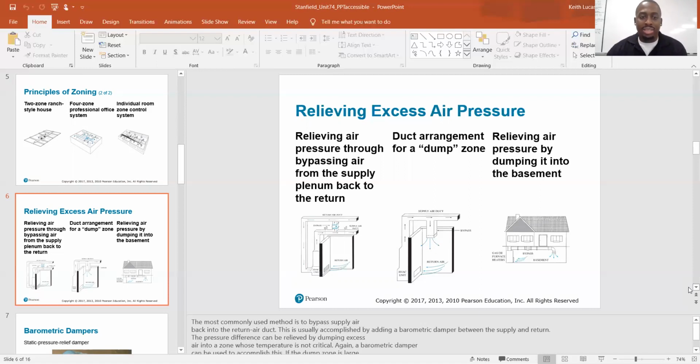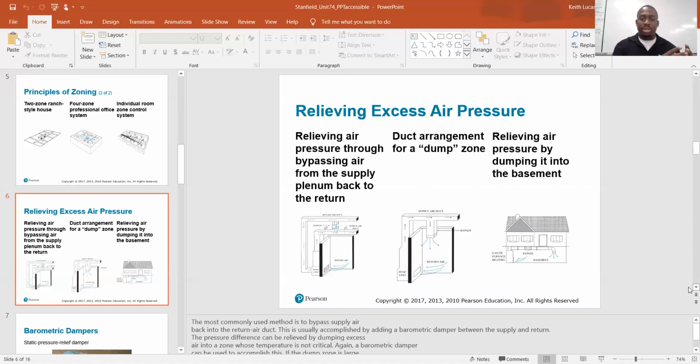Relieving excess air pressure. The most commonly used method is to bypass supply air back into the return duct. This is done by connecting what's called a bypass duct.